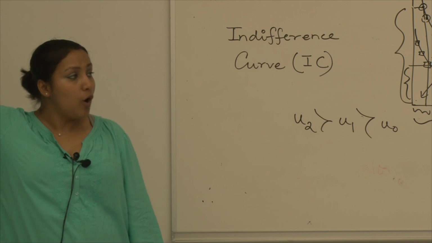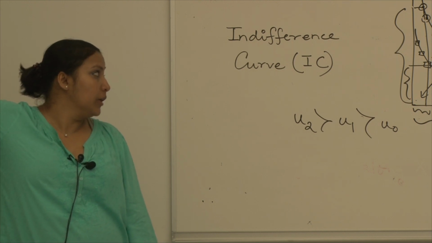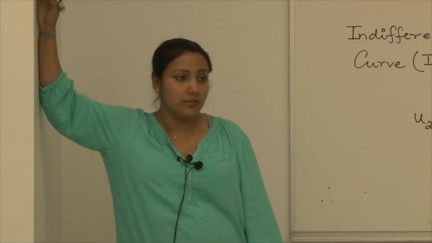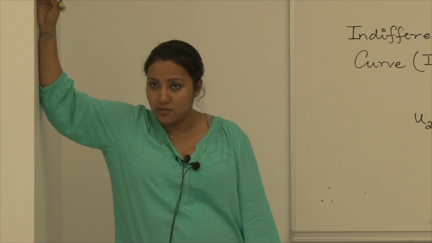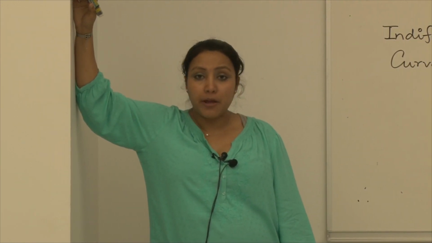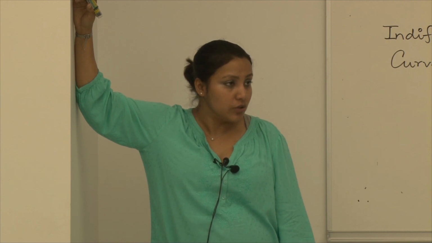Okay? Now, what is this indifference curve giving me, or in other words, what is the slope of this indifference curve basically? What am I trying to see through this indifference curve? It is depicting the preference for a combination of the two goods, right?